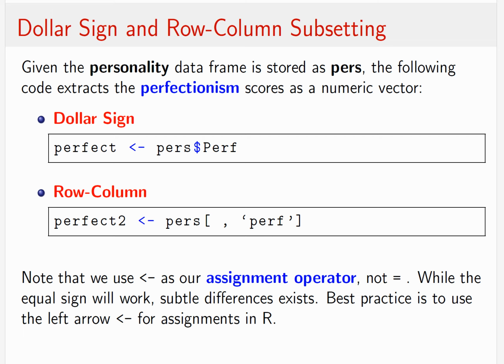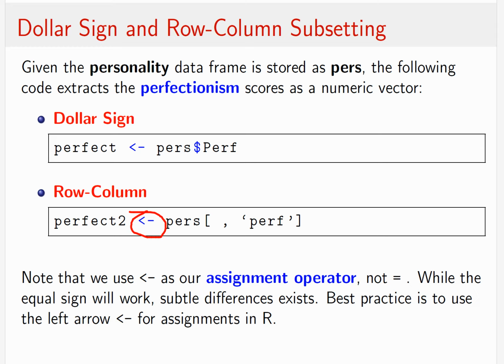Also notice the assignment operator. Our best practice is to use the left arrow assignment operator. Now, we're used to using equals, and equals will work in a large majority of the cases, but there are some subtle differences between what the equal sign is doing and what the assignment operator is doing.